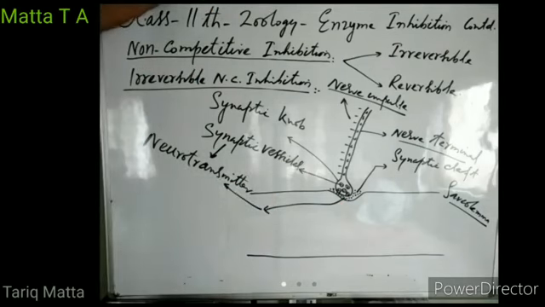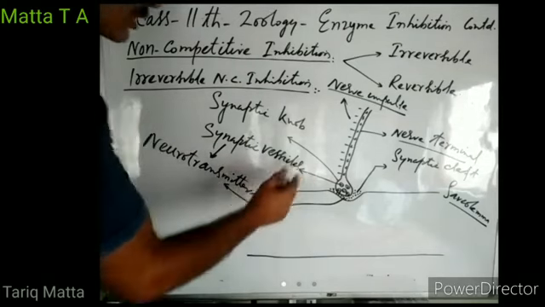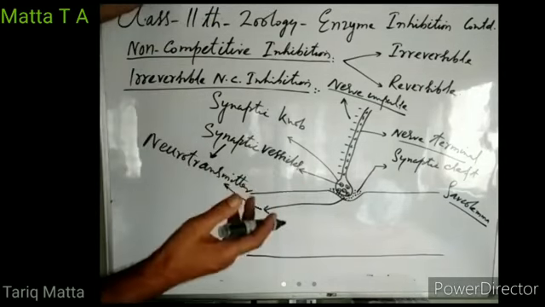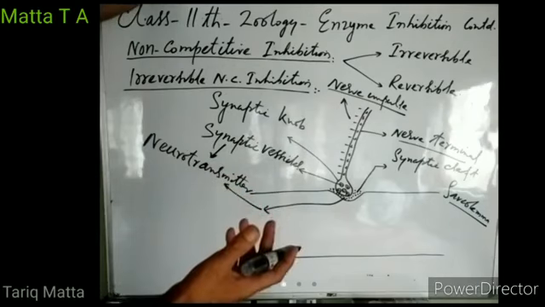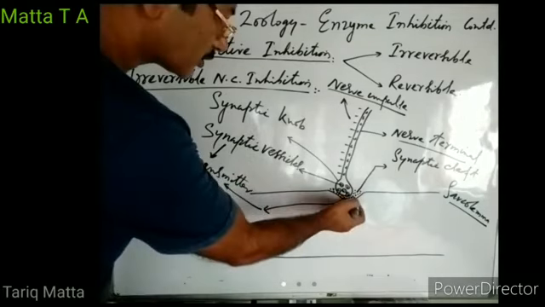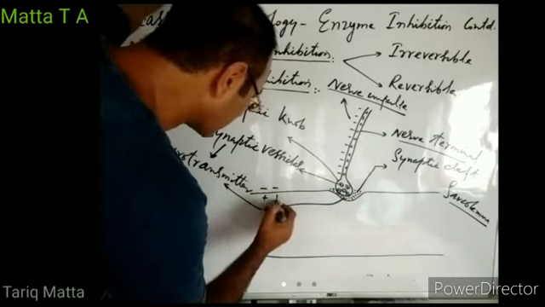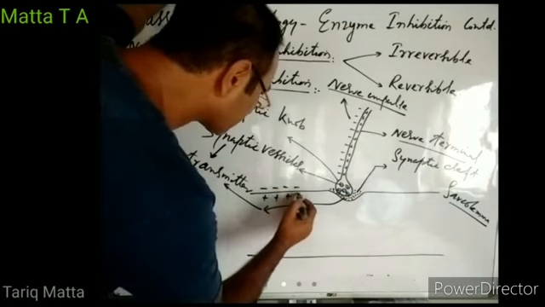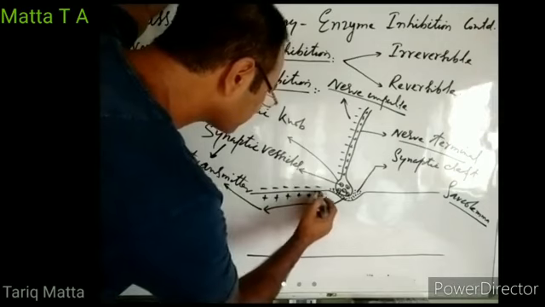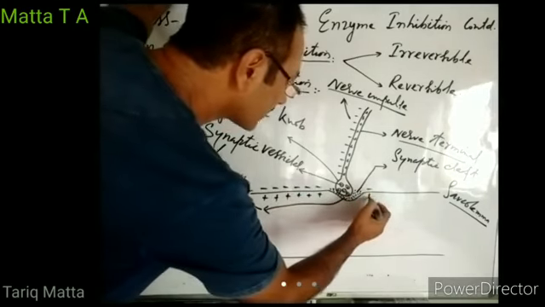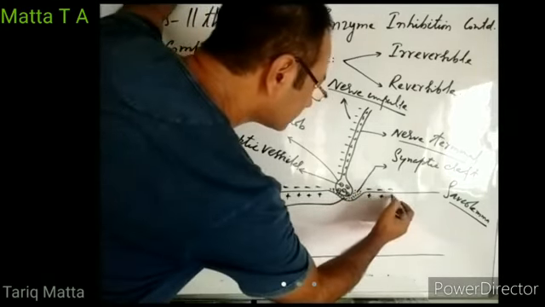As the neurotransmitter is released, it causes depolarization of the sarcolemma. So far, the sarcolemma was polarized, it was charged, right? Now the sarcolemma gets depolarized.